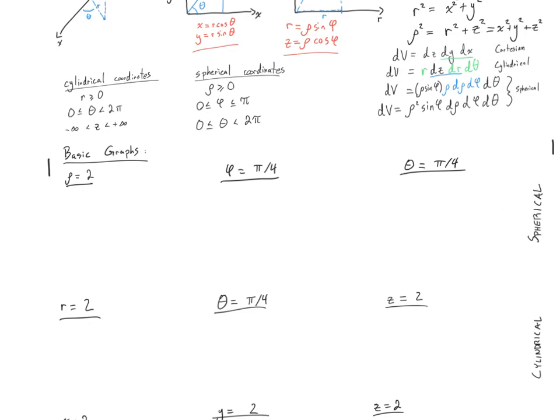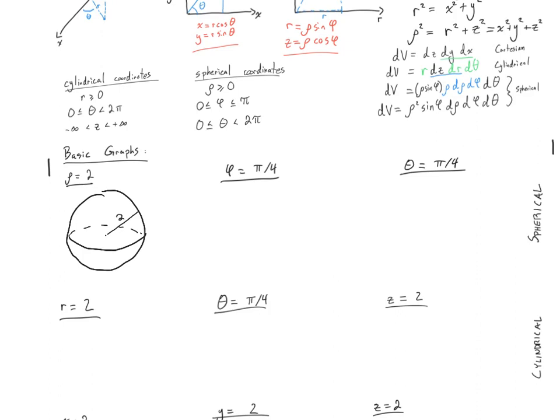So rho equals 2. This is going to happen when you're looking at all the points whose distance from the origin is 2. That is just a sphere. So that's a sphere whose radius from the origin is 2.